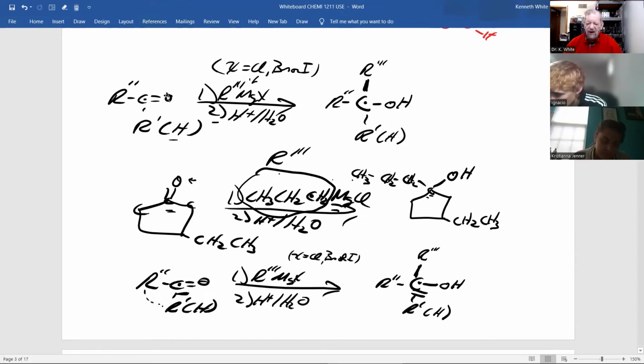Now, if you have the hydroxyl group and the N-propyl group switch, in other words, the OH is on this side, the N-propyl is on that side, that's okay too.